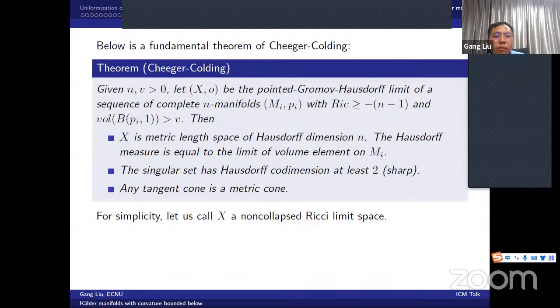Also, the Hausdorff measure is equal to the limit of the volume element. The singular set has Hausdorff codimension at least 2, which is sharp. And any tangent cone is a metric cone. So for simplicity, let us call X a non-collapsed Ricci limit space.